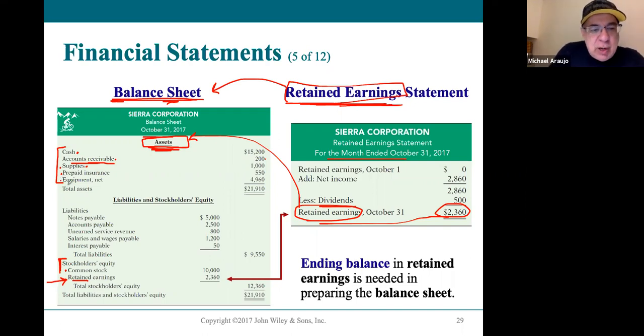And so equipment is usually listed last on the assets. Assets have a pecking order that you're going to be learning about in chapter 2. A certain order to the balance sheet that's very important that you'll learn in chapter 2. But right now, this is good enough for you. So equipment, these are long-term assets that are used in the business, have a physical quality to them.